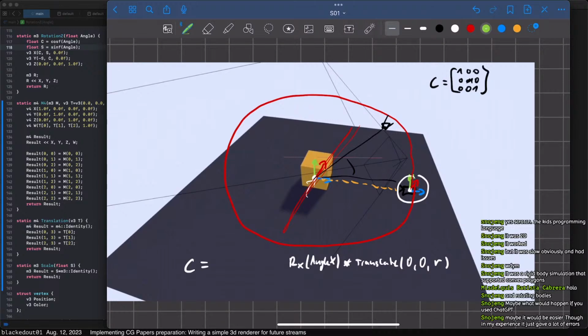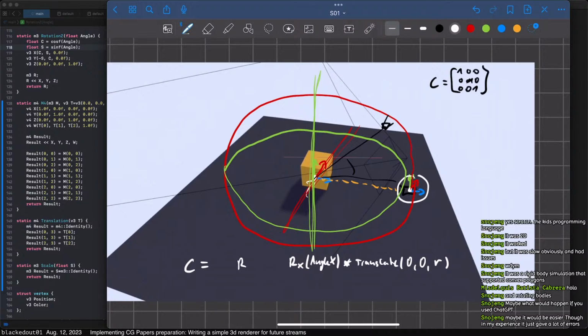And the next thing, because we also want to move the camera in the other direction with the mouse, the next thing is we can rotate it around the global y-axis. So in this case, we then rotate around this circle.